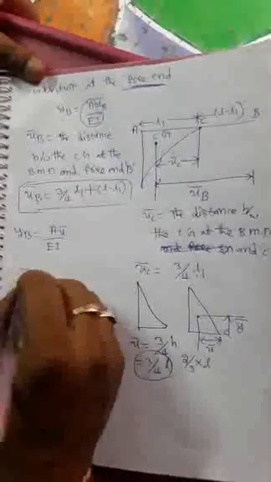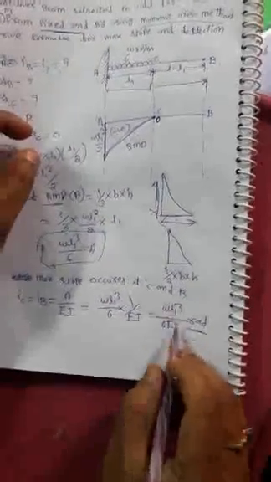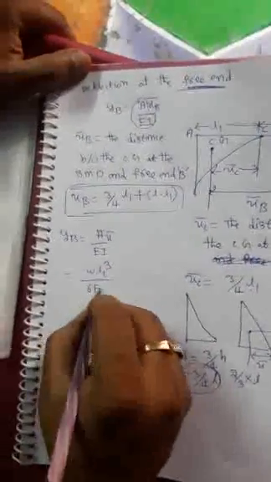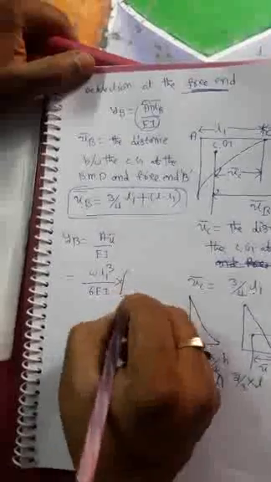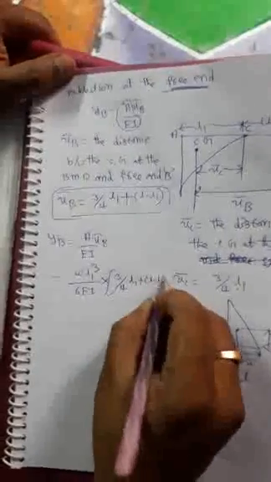A by EI is nothing but WL1 cube by 6 EI, into x bar. So x bar is nothing but 3/4 into L1 plus L minus L1.